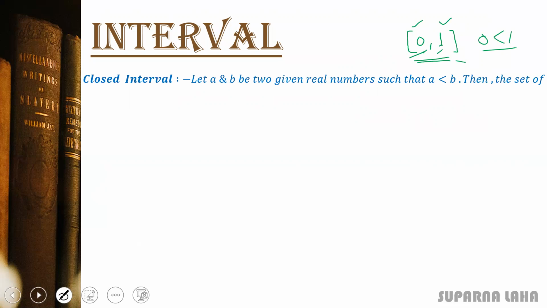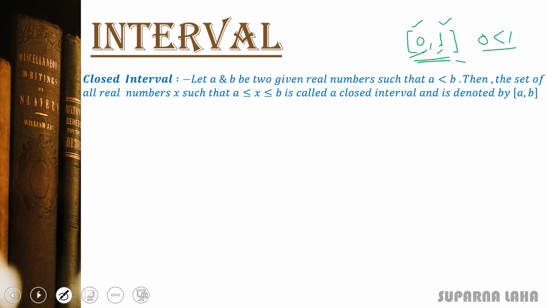Then the set of all real numbers x such that a ≤ x ≤ b is called a closed interval and denoted by square bracket [a, b]. So all the real numbers x between a and b, including a and b, is called a closed interval.